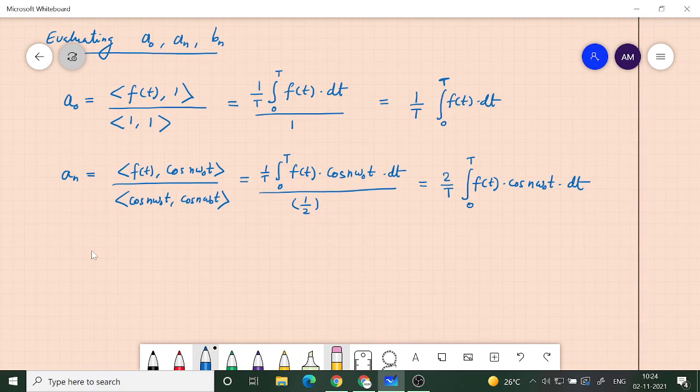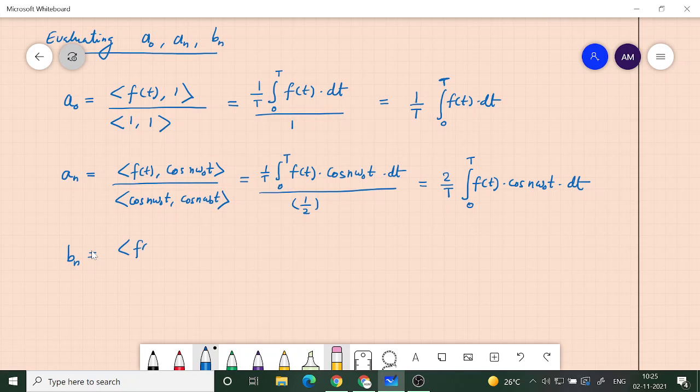Okay, now the last one. We have one more set of constants. This an is for all values of n. We have derived it just in a generic way. Similarly, we can derive in a generic way for bn also.